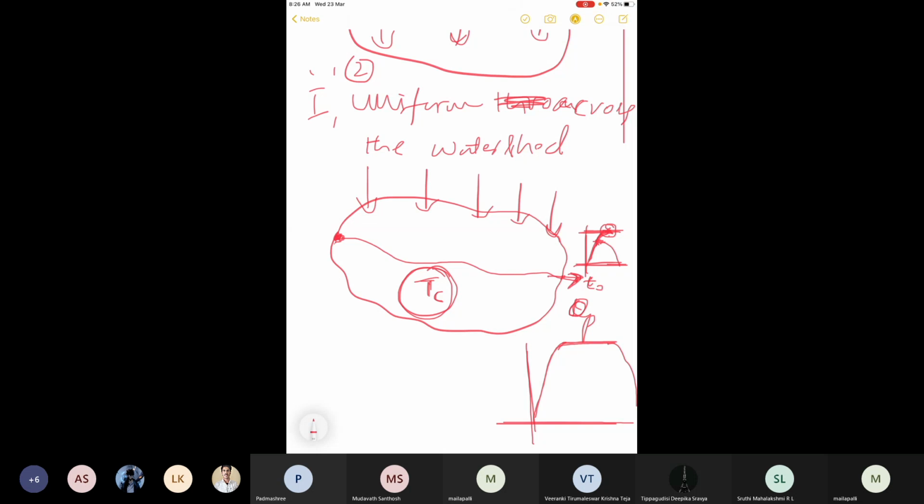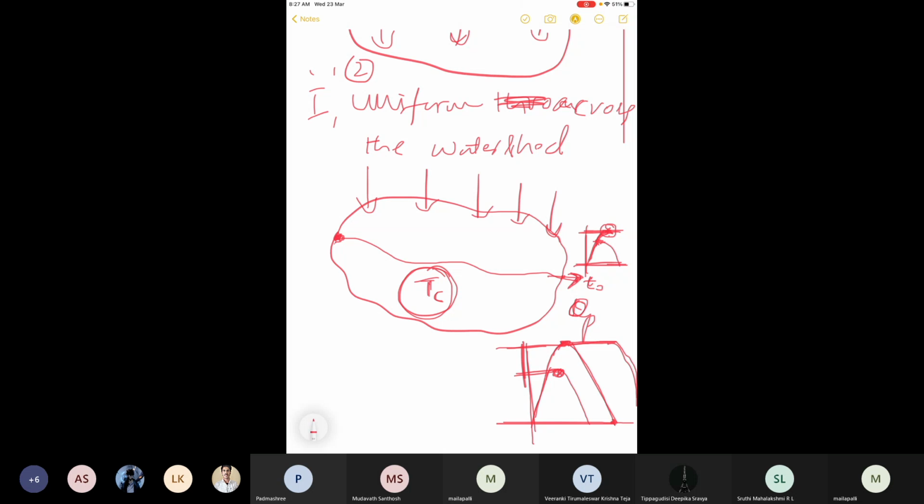When the duration equals the time of concentration, you get the peak and then the runoff decreases. If the duration is less than the time of concentration, it will be like this, which is not the actual peak. This is the peak you expect from the particular watershed, and it depends completely on the area and its characteristics.